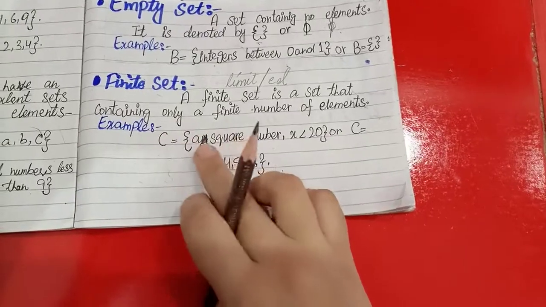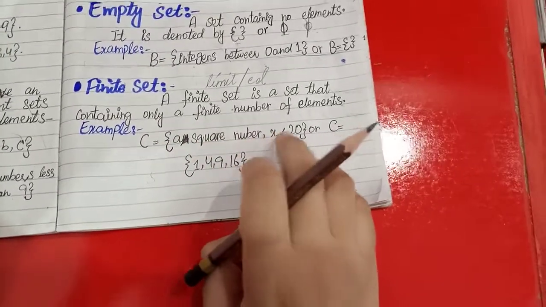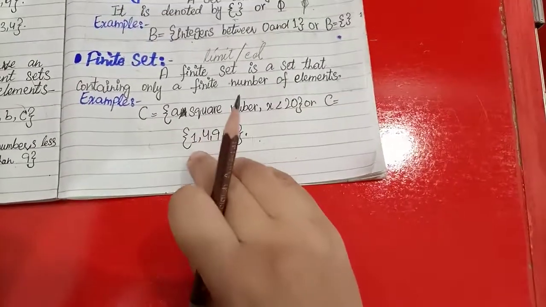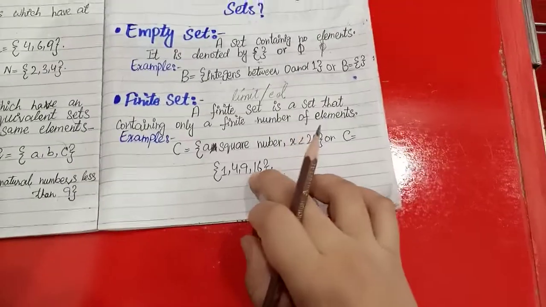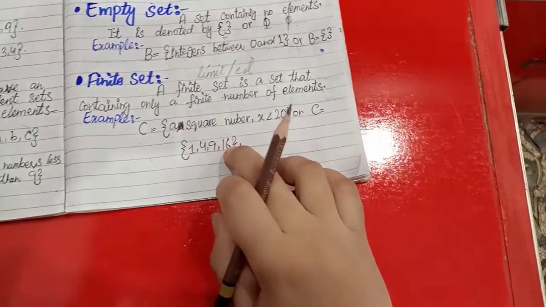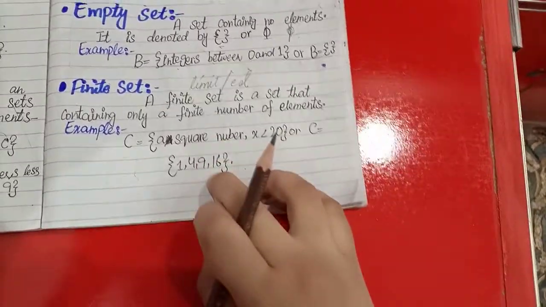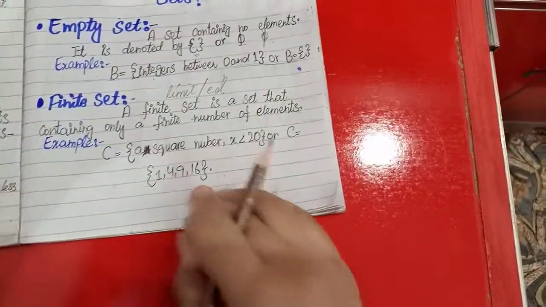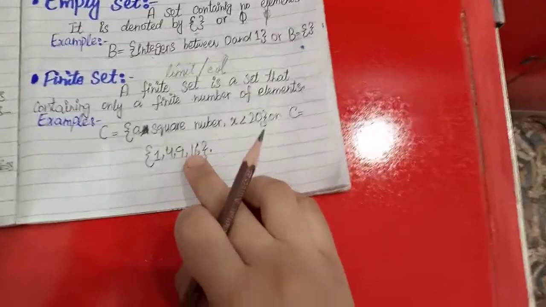See the example: C is equal to the square numbers x less than 20, or C is equal to 1, 4, 9, 16. These numbers are square numbers.